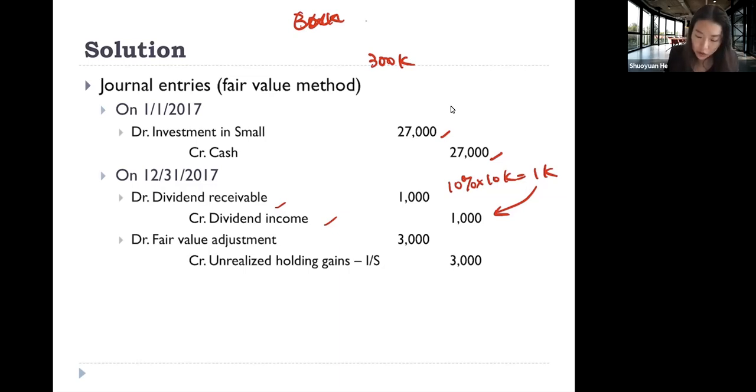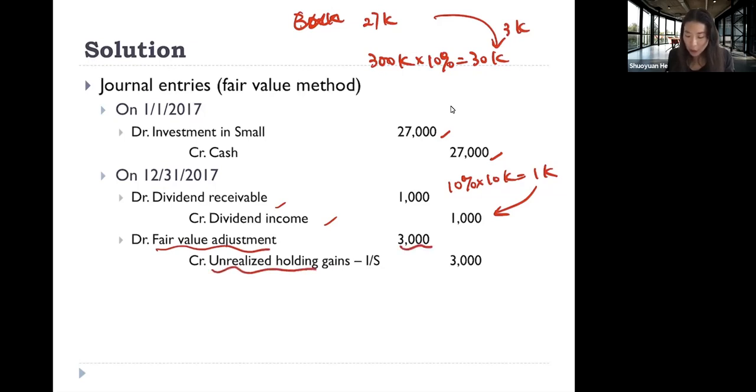That is 27,000. The fair value at the end of the financial reporting period is 30,000, which means that Big needs to increase its investment by 3,000. So we debit fair value adjustment for 3,000, credit unrealized holding gain for 3,000.